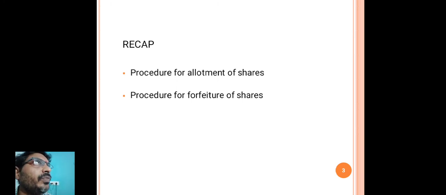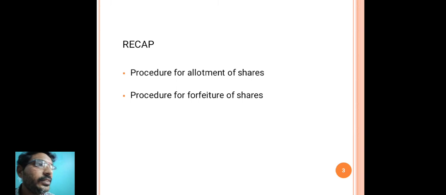So forfeiture of shares means the disappearance of their details in the register of shareholders. It is a discontinuation or removing of their names from the register.